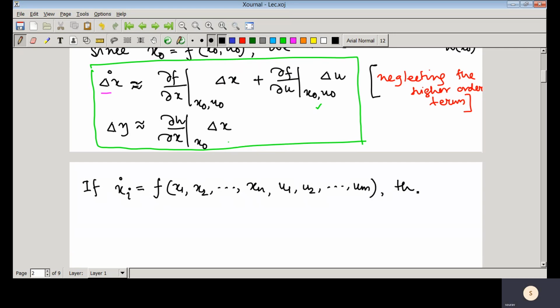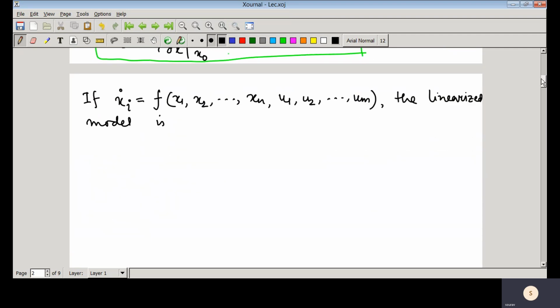Then the linearized model is d/dt of delta x1, that is the perturbation of the first state, this is for the second state, this is the perturbation with respect to that operating point. So any operating point you can take, but normally we choose that operating point as the equilibrium point.